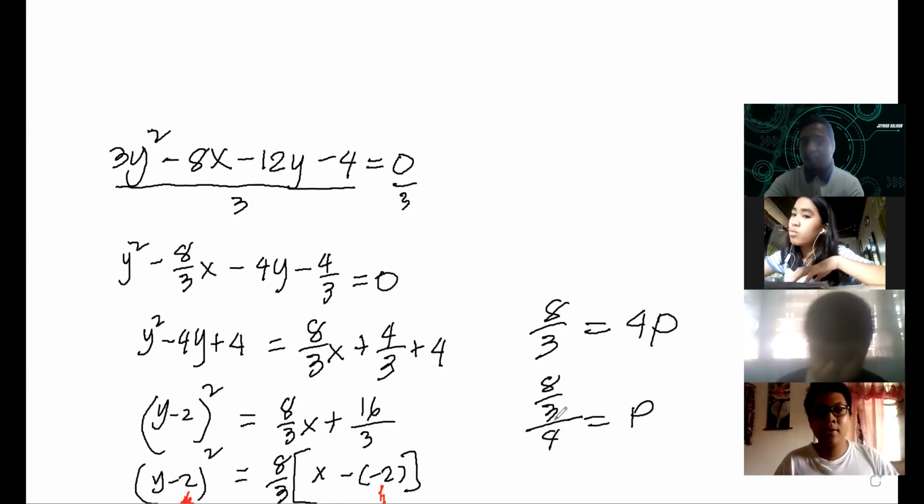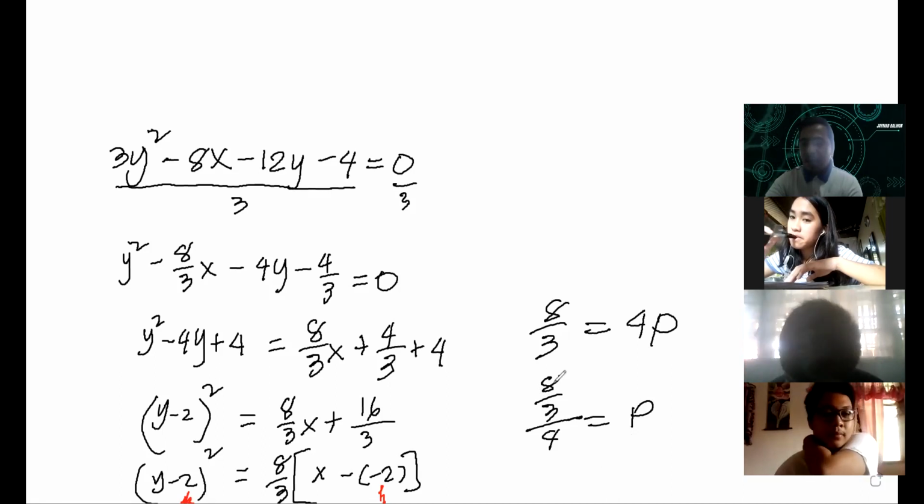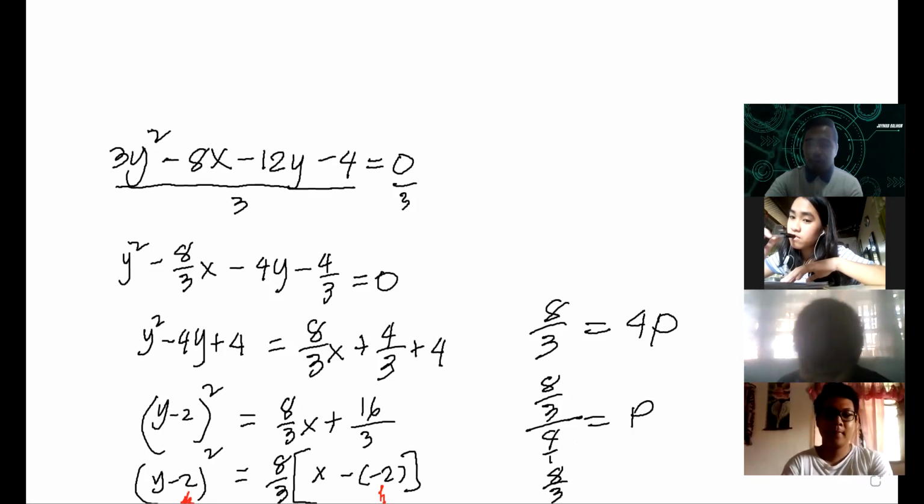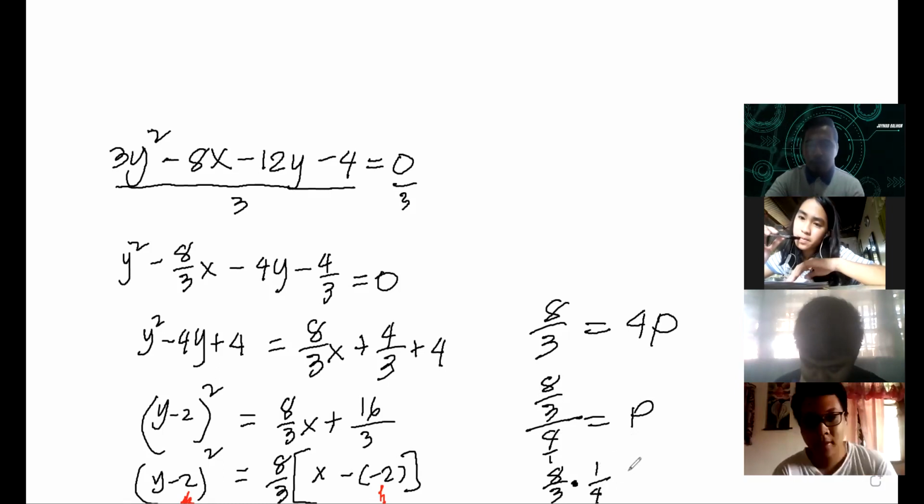See to it that this is longer than this because this is the vinculum that you need to perform in the end. And if you do that, you have here over 1, right? In dividing fractions, you copy the numerator 8/3, change the operation to multiplication, and take the reciprocal of your denominator, and that will be 1/4, right?